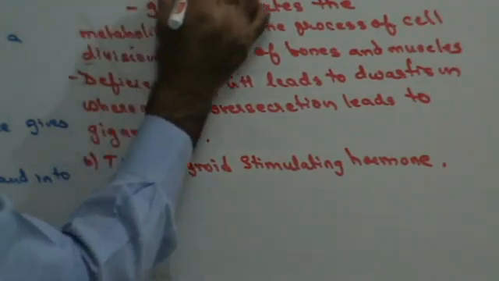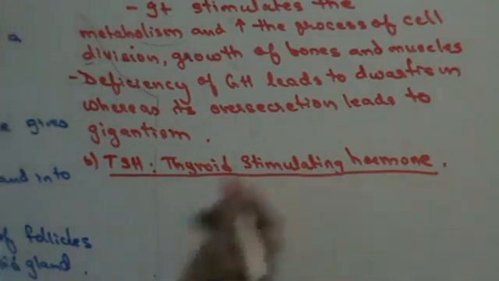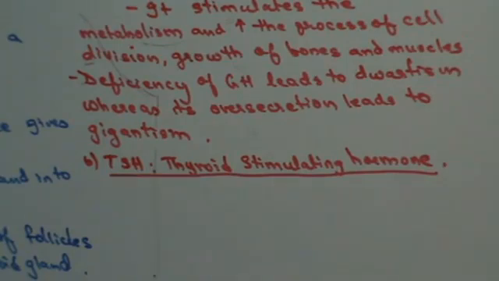TSH or thyroid stimulating hormone. That's the second hormone that is secreted. Now, as the name suggests, TSH stimulates and controls the activities of thyroid gland to secrete thyroxine.